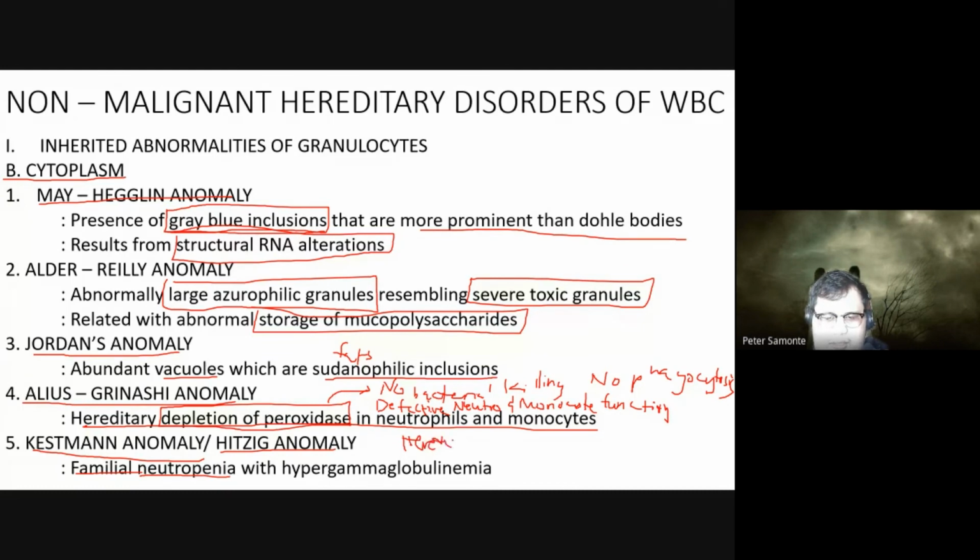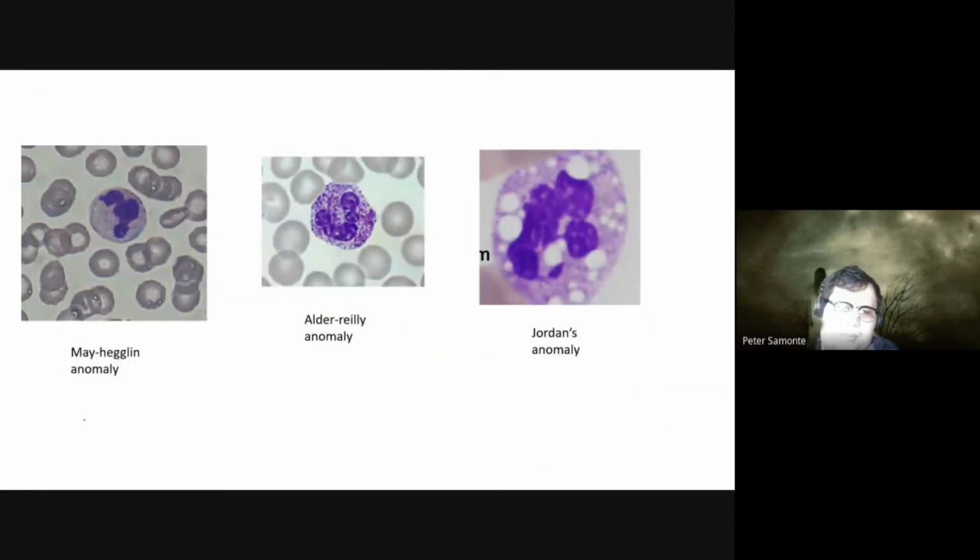Now, hereditary siya wherein it is characterized by low neutrophils, increase gamma globulins, also known as your antibodies. Increase antibodies.